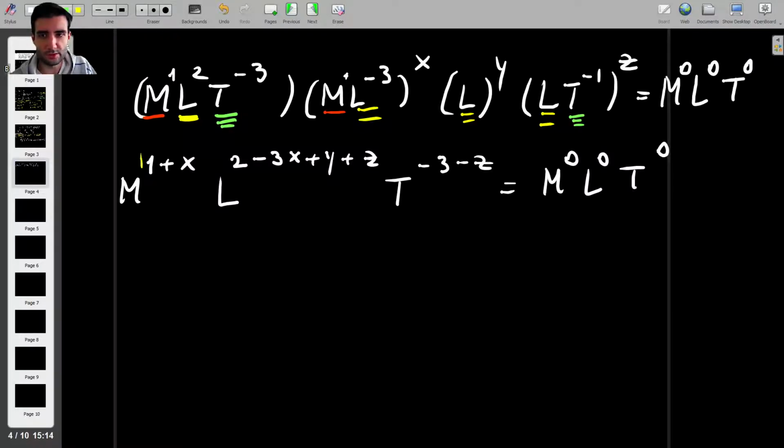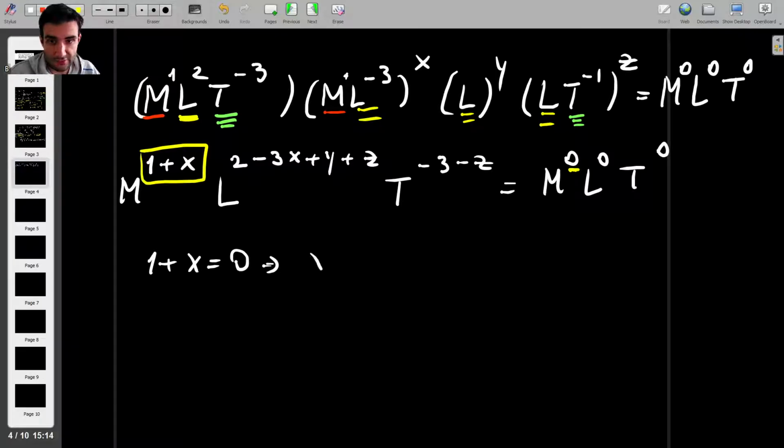And of course, what we do at this point is we compare each power with each power on the other side. So the first one would be 1 plus x is equal to 0, which gives us x straight away. So x is going to be equal to minus 1. Now, let's actually do the last one because it only has one variable.